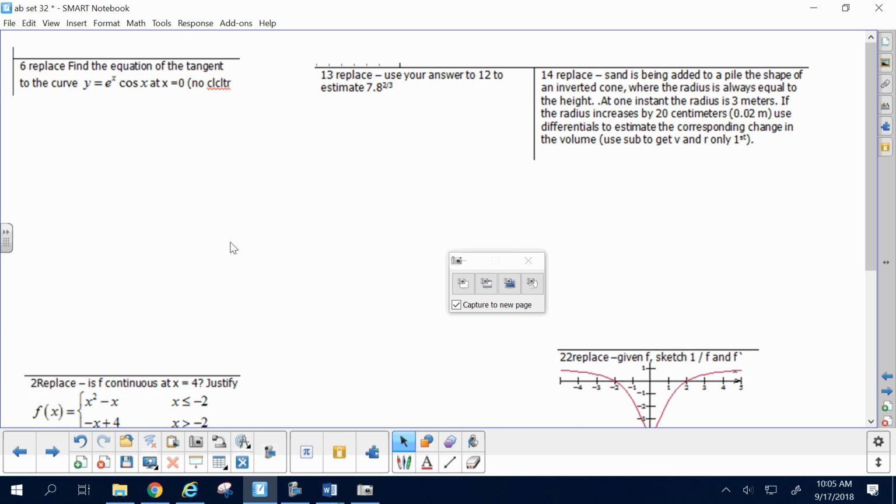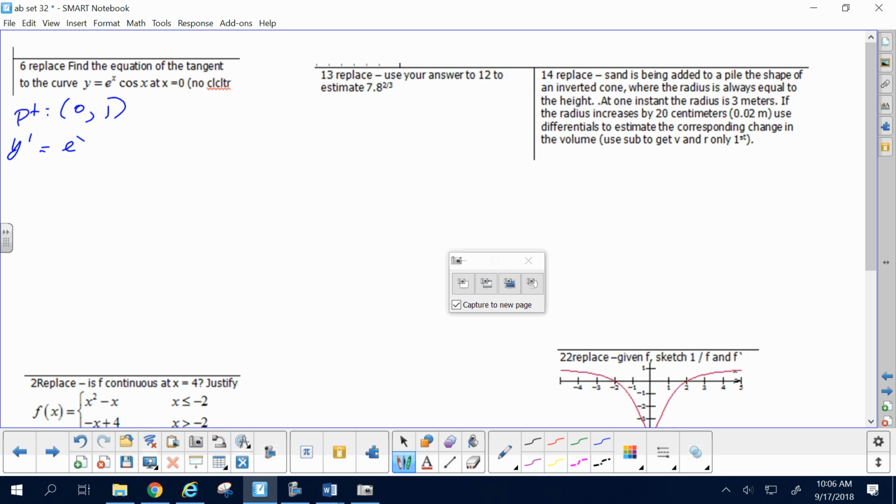Okay. So, sorry, I'm all over the place here. I thought I posted the key. I apologize. Okay, so check your answer for number 6. Do you have, first of all, the point 0, 1? Do you agree with the point 0, 1? Okay, you're finding the derivative, the slope, of the product.